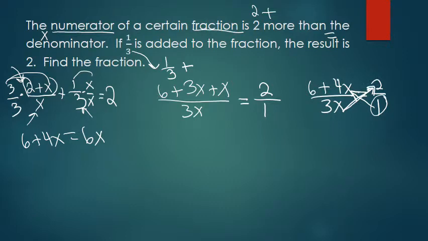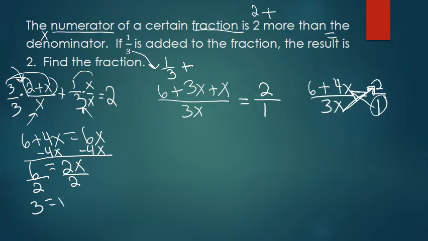And now I just need to combine or isolate. So I'm going to subtract 4x across the equal sign, because there are no other like terms I can combine. So 6 equals 2x, divide by 2, divide by 2. So 3 equals x.